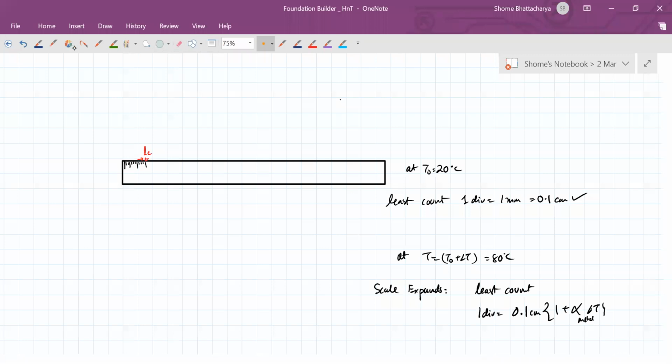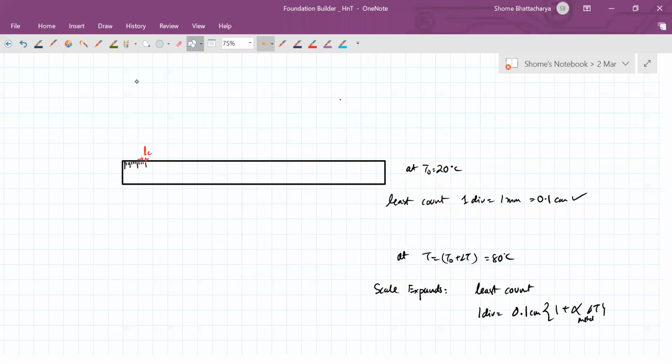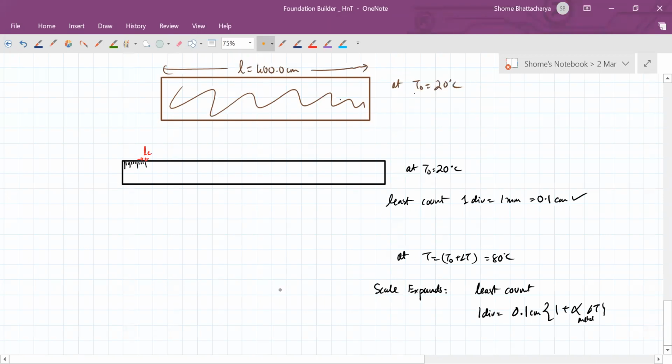Okay. Now the wooden plank that we are using the scale to measure the length of has a length of 400 centimeters. That's the true length at 20 degrees.